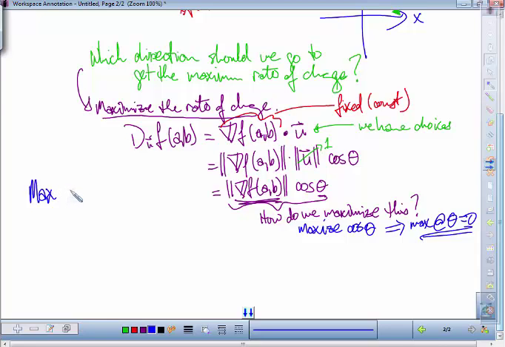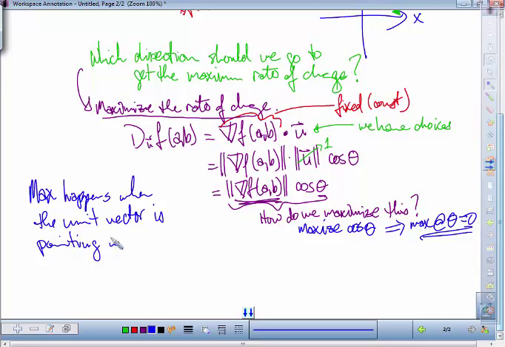Max happens when the unit vector is pointing in the same direction as the gradient.